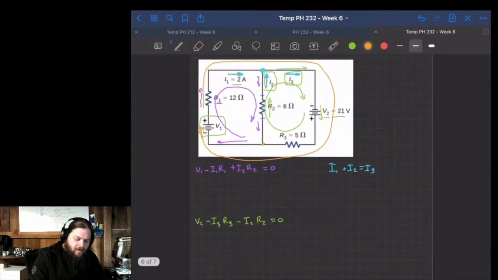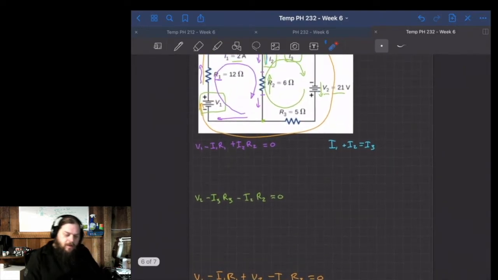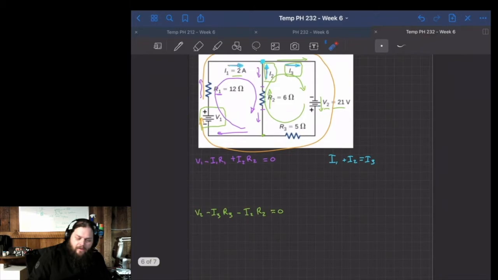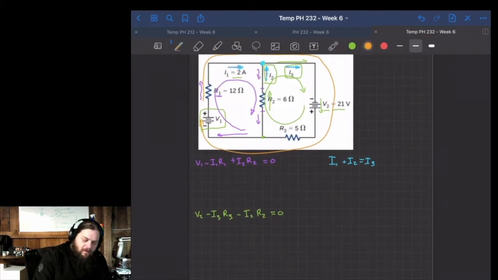Notice it's V1, which is here, minus R1 I1 going around, plus V2 minus I3 R3 equals 0. Now it's about plugging in the values that we do have and solving for our system.